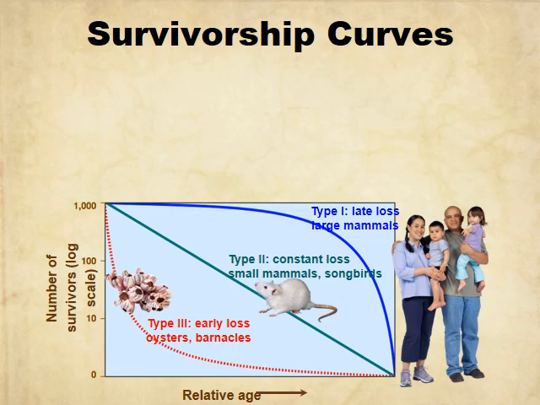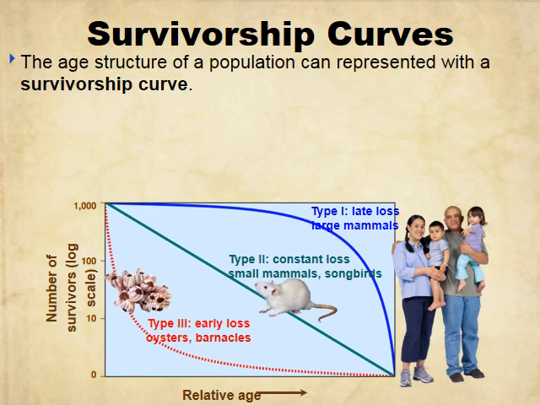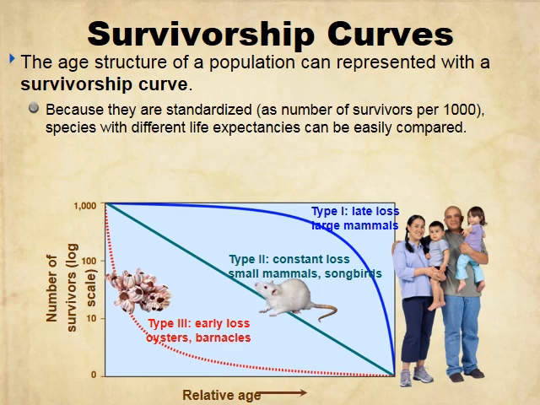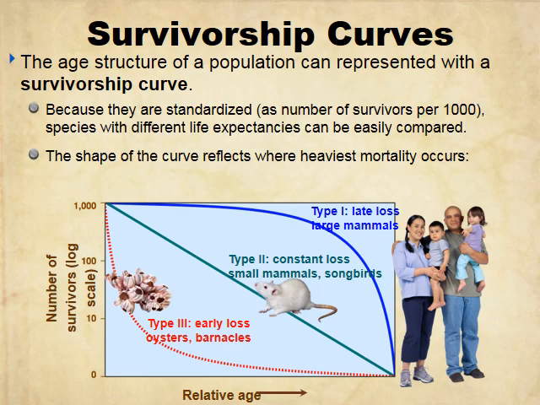So here are your survivorship curves, and you can represent the age structure, and we'll do this when we get into human population dynamics. So this is where the heaviest mortality occurs. So you have the number of survivors in this population versus the age. When we look at type 3, these are basically your R selected species.